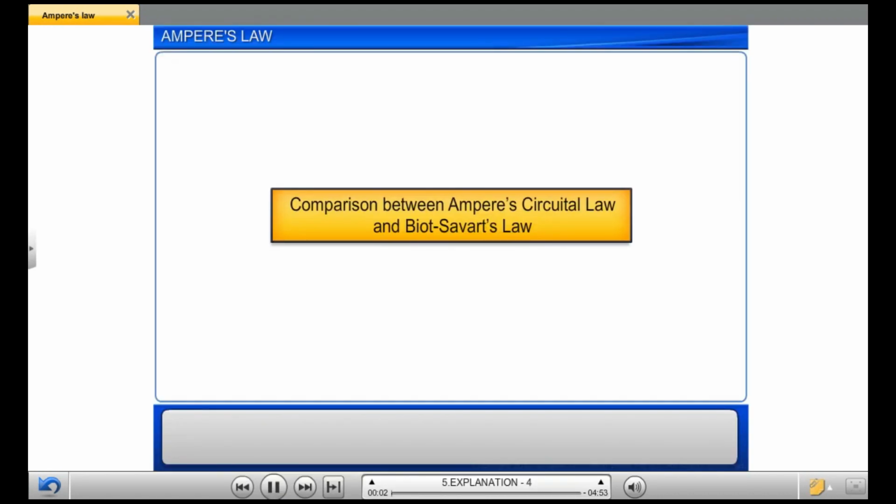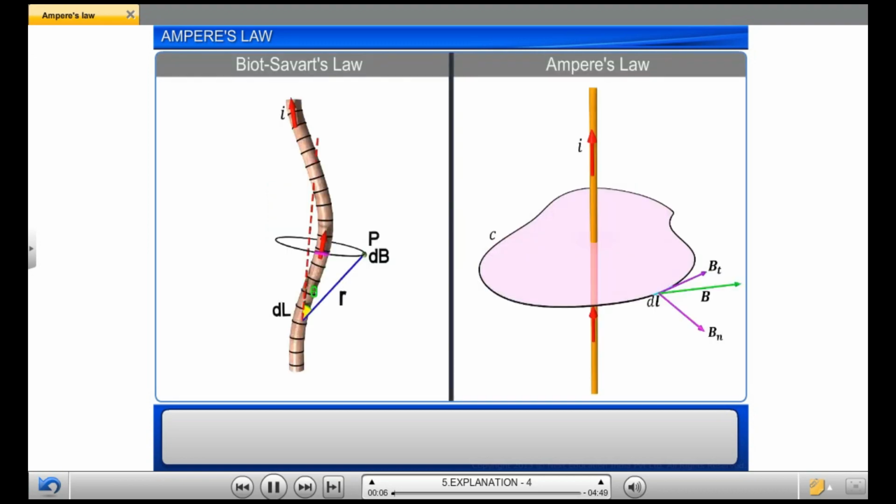Let us now compare Ampere's law and the Biot-Savart law. Ampere's law and the Biot-Savart law help us to calculate the magnetic field due to the current passing through a conductor. The Biot-Savart law is similar to Coulomb's law for electrostatics.